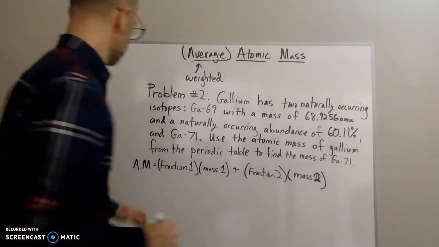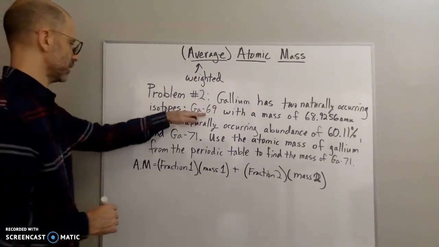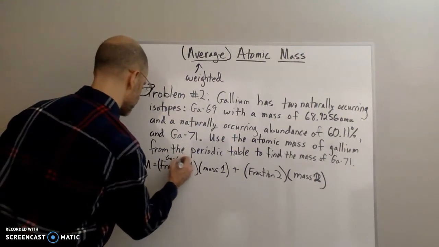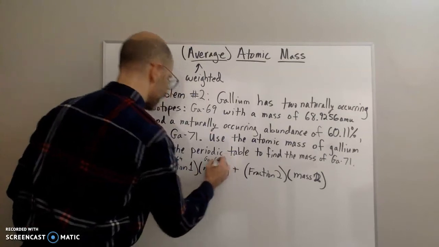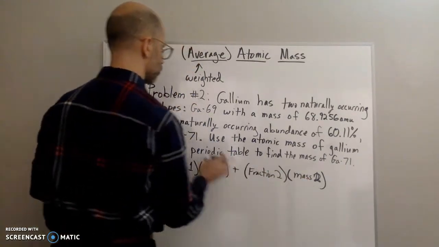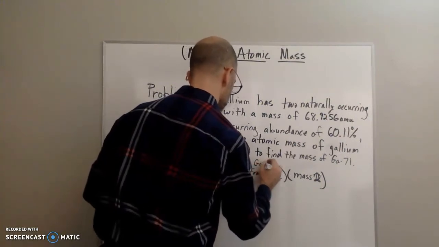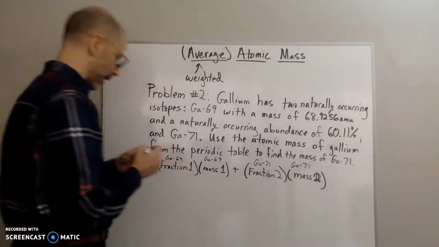Okay? So we'll say that isotope number 1 is going to be gallium-69, so Ga69 and Ga69. And then number 2 will be 71, so we have Ga71 and Ga71.